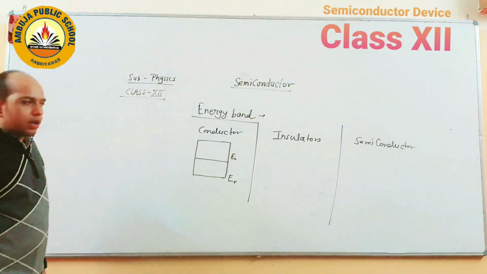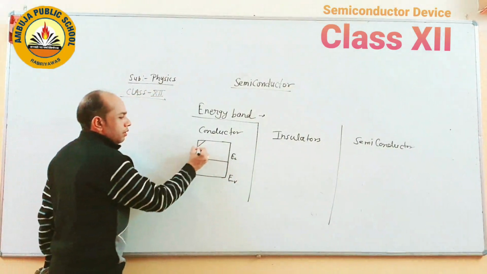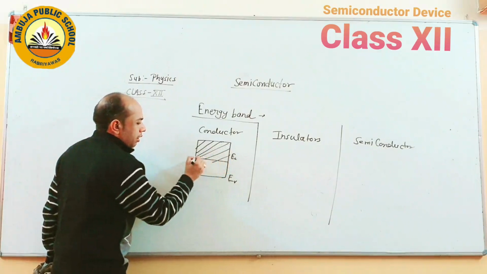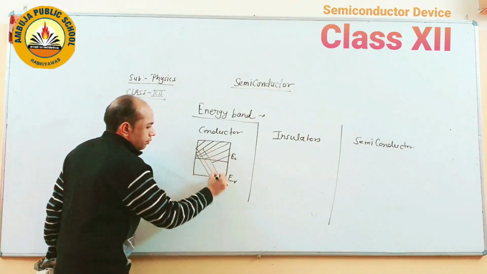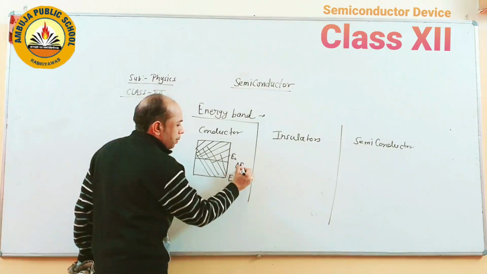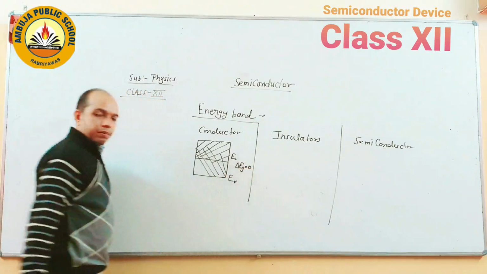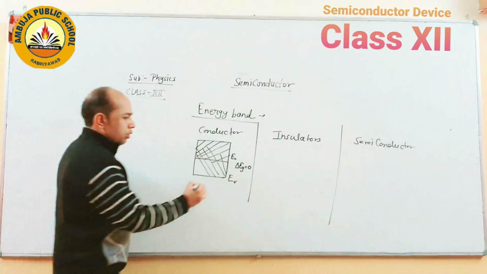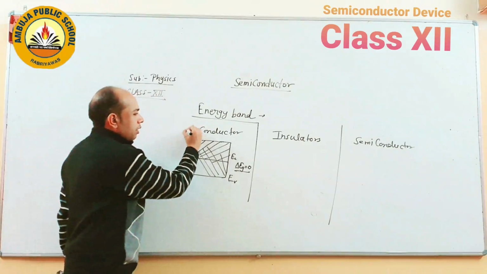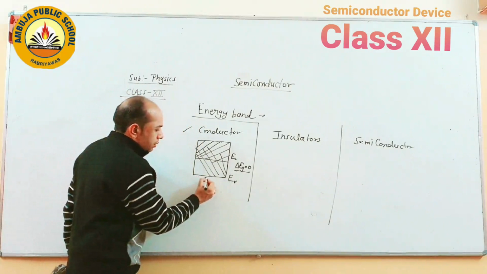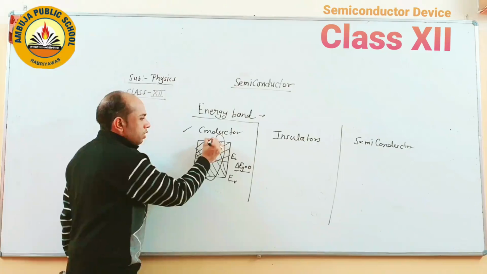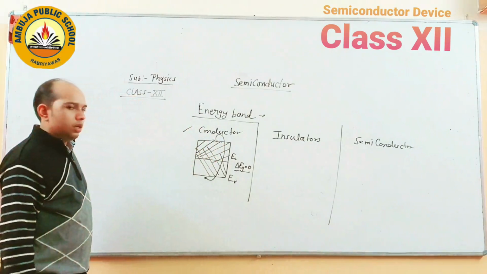In the case of a conductor, it is found that there is an overlapping between them. Because of this overlapping, there is no gap between them. That means whenever there is a zero energy band gap between valence and conduction, it is treated like a conductor. So electrons present in the outermost shell are easily free to move from valence to conduction.